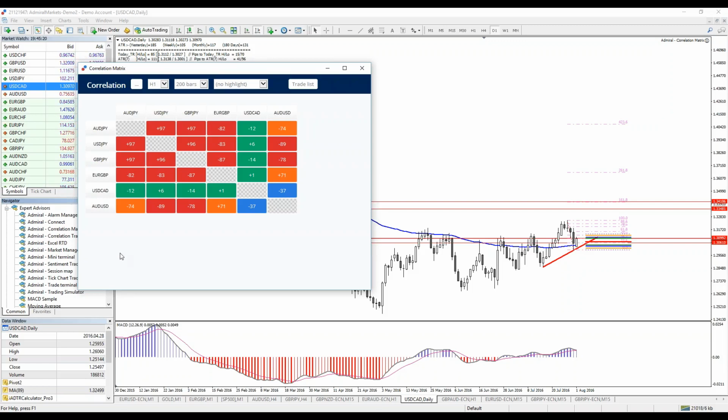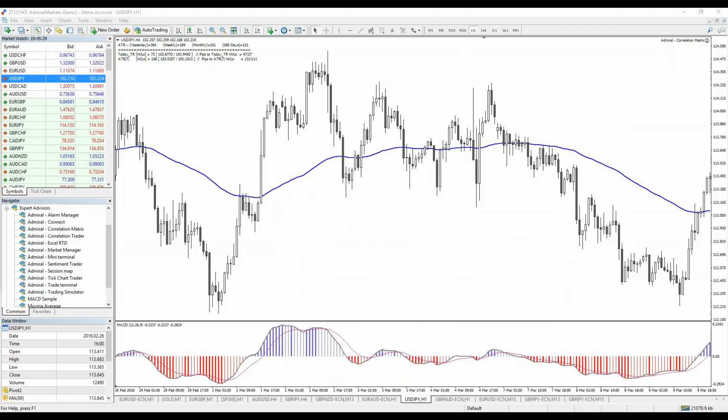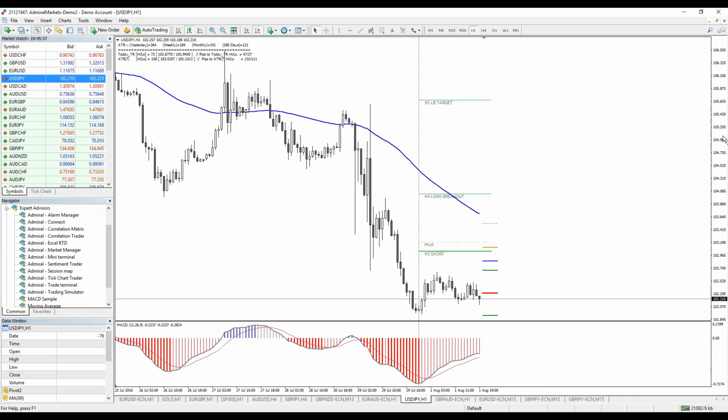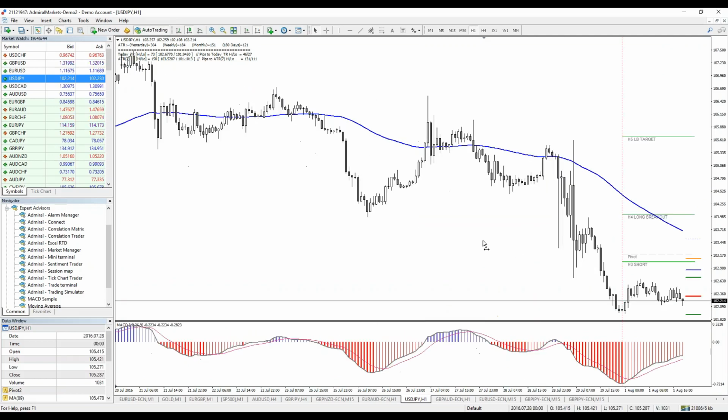Derek is asking dollar yen or euro yen on Tuesday. It was false cup and handle. Okay, let's see dollar yen. Well, you can see 1 hour time frame. There is no cup and handle here. If you think about this setup here, well, this looks like a cup and handle, especially because of this.